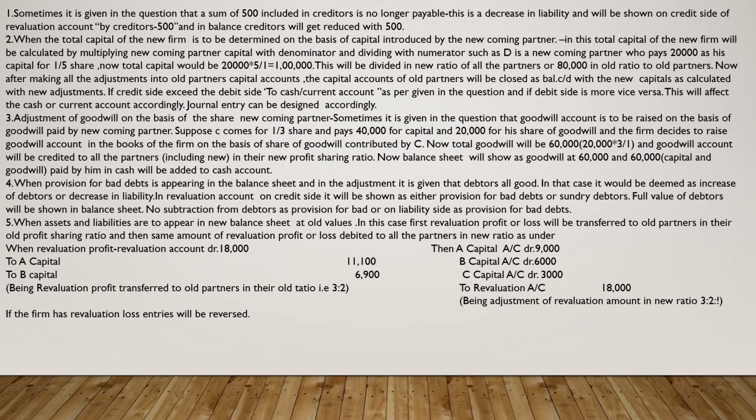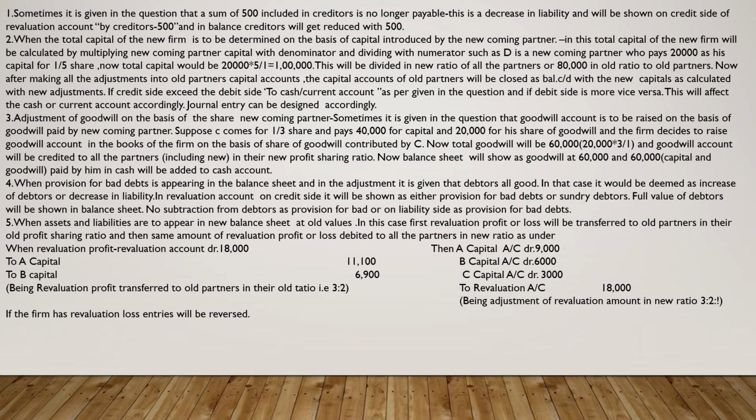If there is a revaluation profit, revaluation account debit to A's capital, to B's capital, to old partners in their old profit sharing ratio. Here we have assumed old profit sharing ratio as 3:2.